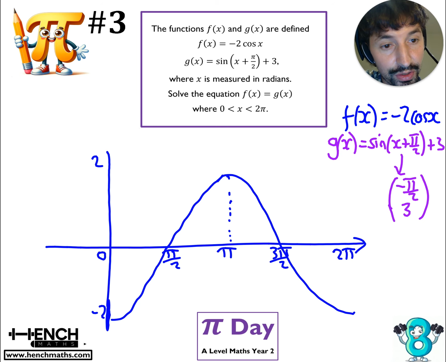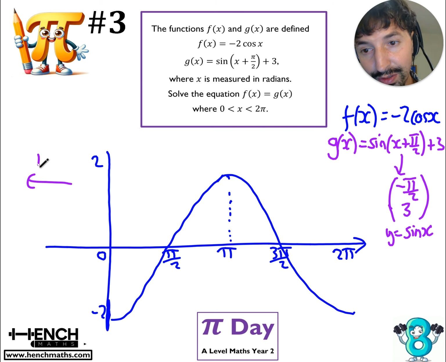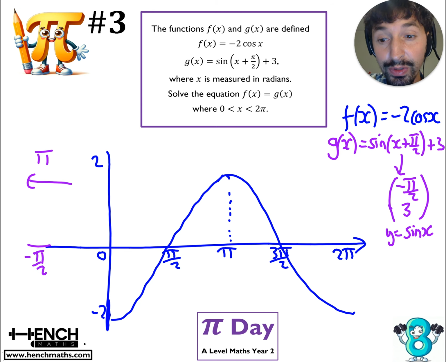So I'm going to take y equals sine x and apply this transformation. Sine x normally begins at 0. If I move it this way by pi over 2, it would begin over here at negative pi over 2.